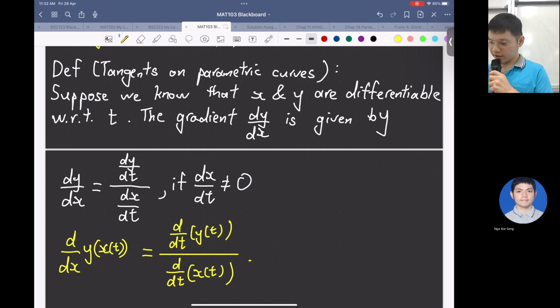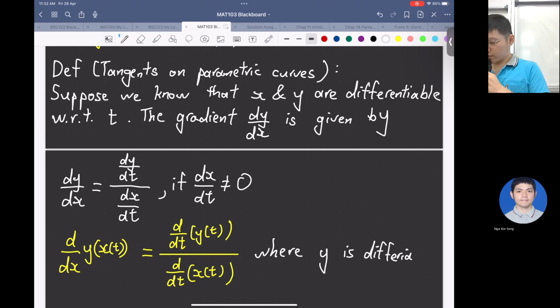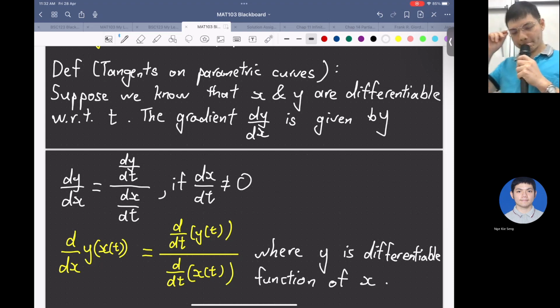I should add a condition: because we need to differentiate y with respect to x, you need to make sure that y is a differentiable function of x, so that you can differentiate. Make sense?